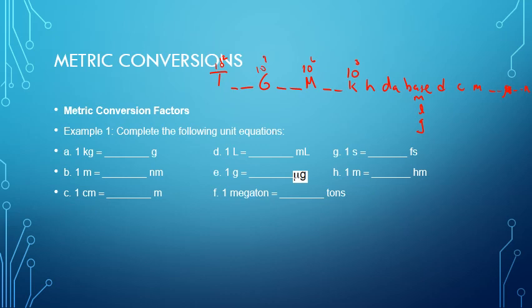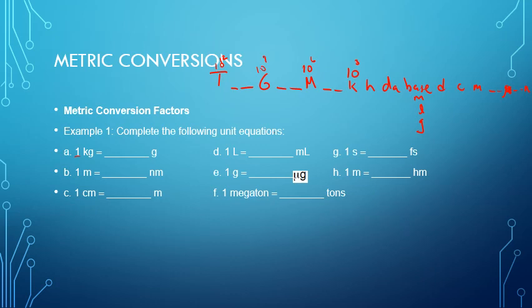So the easy thing that you can do when you're trying to figure out what the conversion factor would be, and a conversion factor is basically going to be two equivalent measurements that just have a different unit. So when I look at this, since I have 1 for the kilogram, the further to the left I go on the chart, the larger the base unit is when I compare 1 to 1.